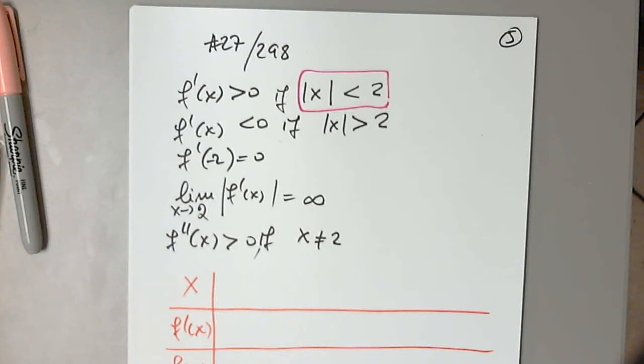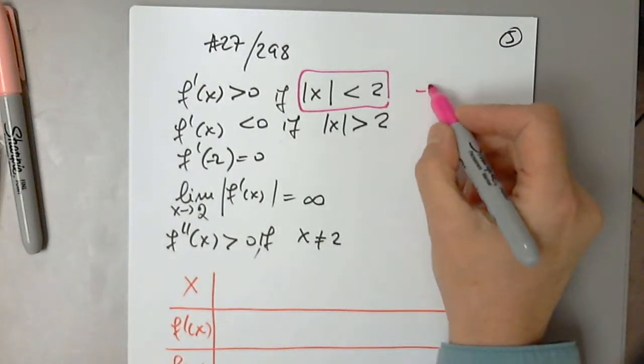We have to solve the absolute value of x less than 2. What does that mean? The absolute value of x less than 2. So it would be x greater than negative 2 but less than 2. Awesome.